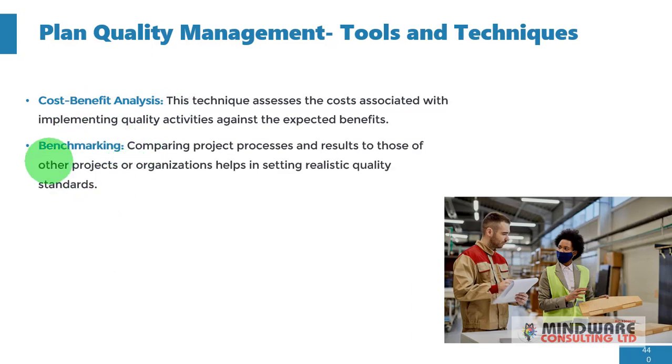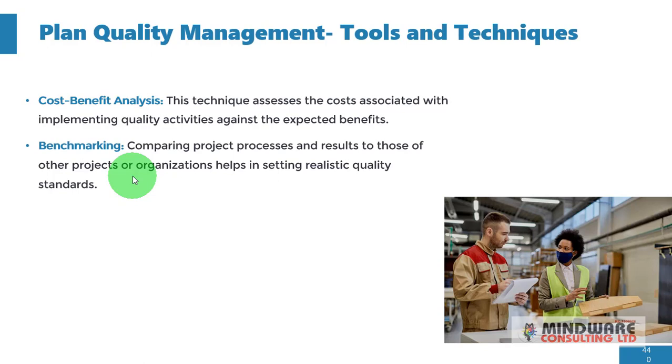Okay, so next is benchmarking. Comparing project processes and results to those of other projects or organizations helps in setting realistic quality standards. So this is benchmarking. You are doing a comparison of your project processes and the results with other projects, or maybe in another organization, or it could even be within your own organization, maybe with a different project.